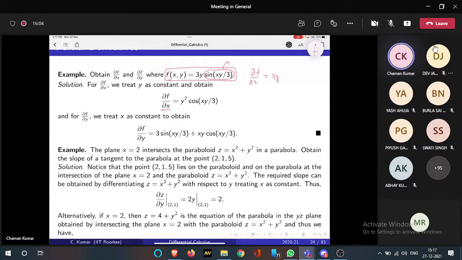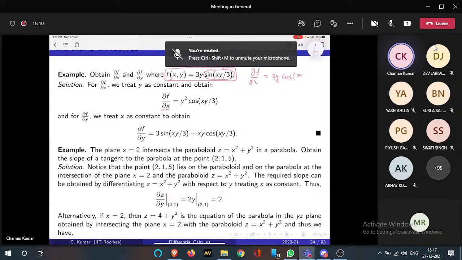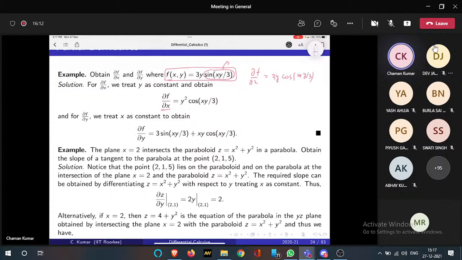So the derivative of sine will be cos of xy by 3, and then the derivative of xy by 3 with respect to x. Y is constant, so y by 3 will be out, and the derivative of x will be 1, so it will be y by 3.